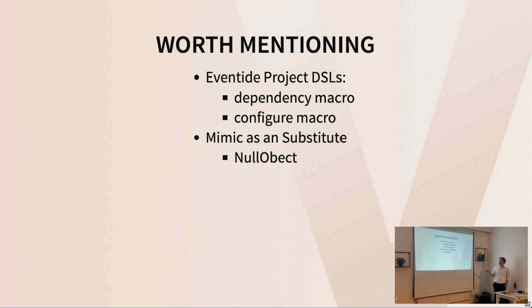And also, they often talk about the mimic gem, which is some type of substitute, but it is very primitive. Maybe not primitive, it's a base substitute. In general, it's a null object. It has all the same methods as the object it substitutes, but it always returns nil as a response.